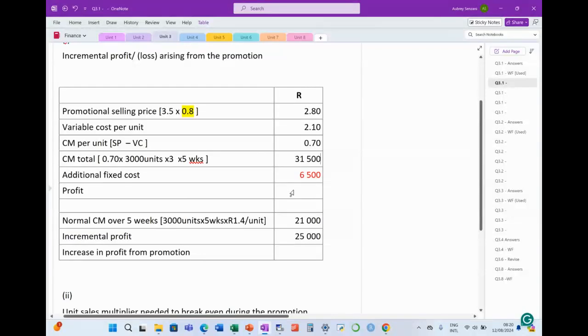Okay, so then our profit will be the difference between your additional fixed cost and the 31,500, because they didn't tell us about any other costs. So that's the only other cost that we need to cater for.